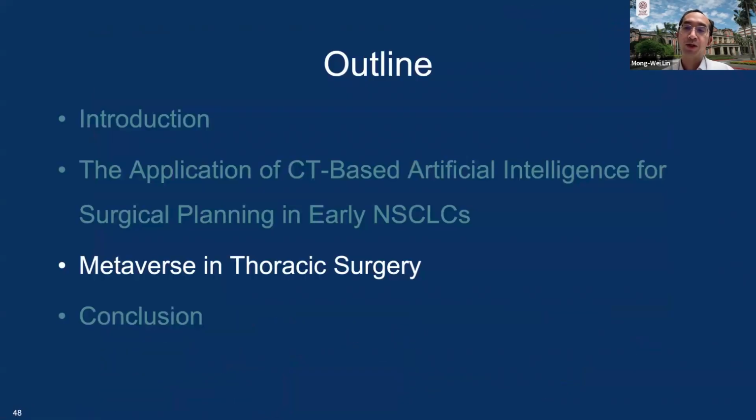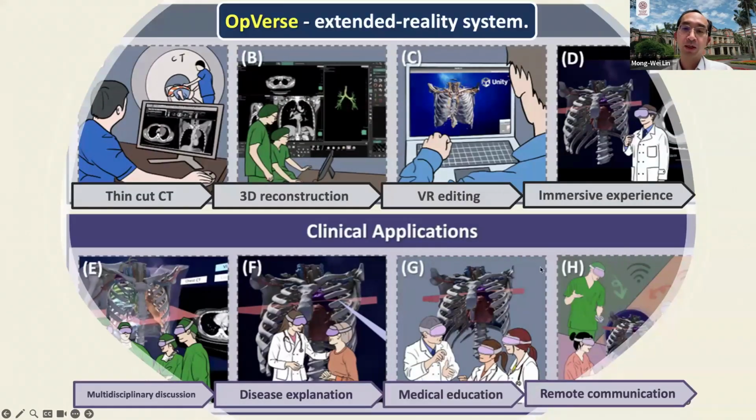So in the third part of my talk, I would like to very briefly share how our team is exploring another emerging technology, the metaverse, and its potential application in thoracic surgery. This slide shows our system, the Opverse. It is an extended reality system.